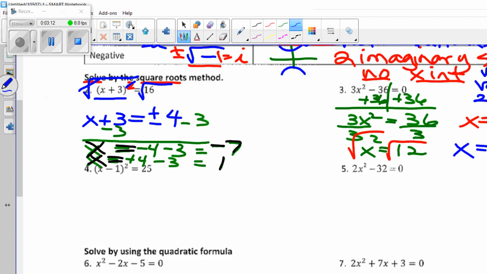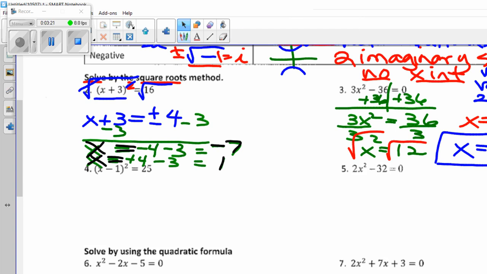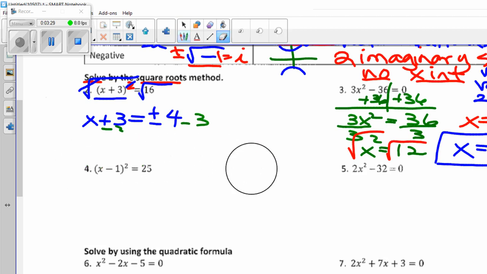All right, and that would be my value. Those are my two solutions, and those would be the two x-intercepts. If I was to look at that on the graph, I get those two real solutions.